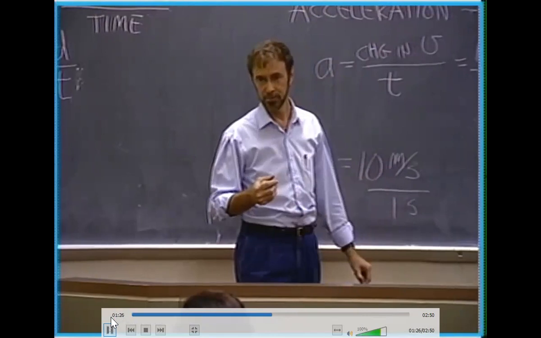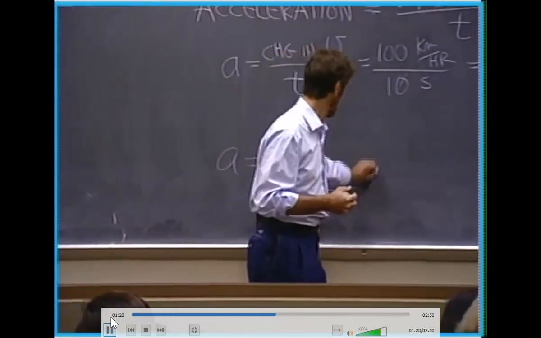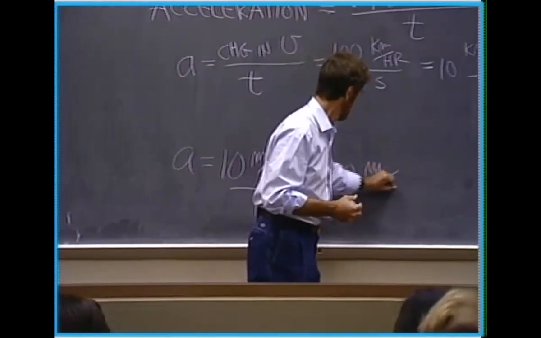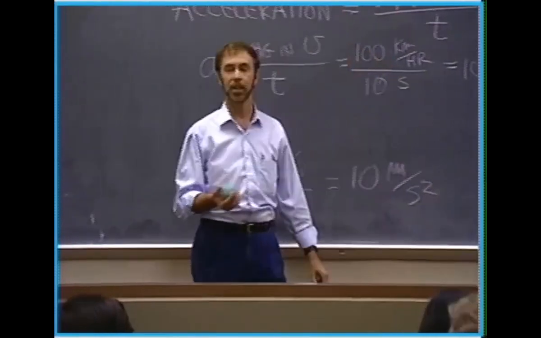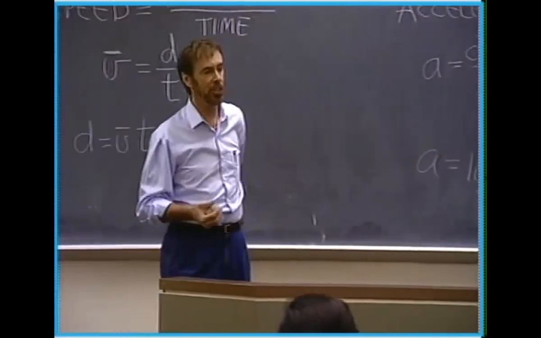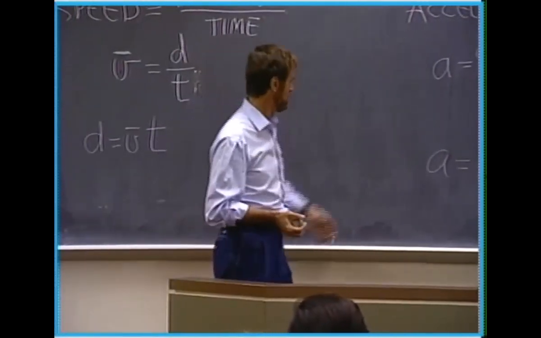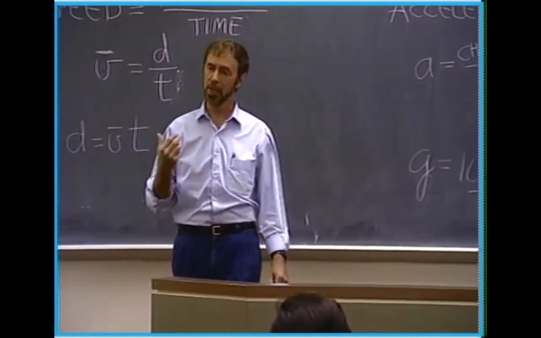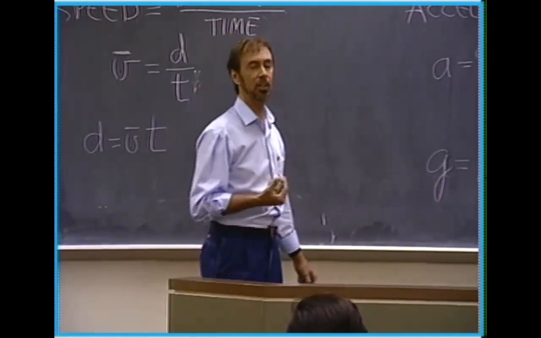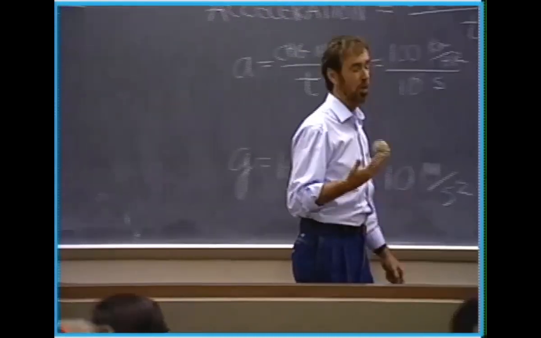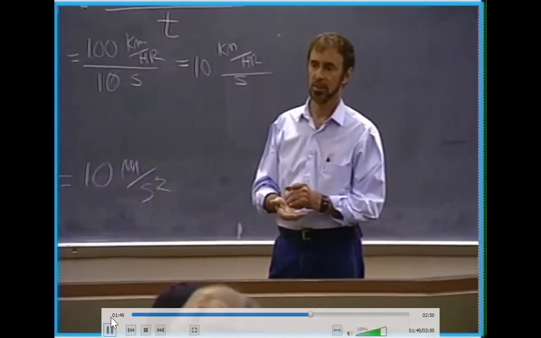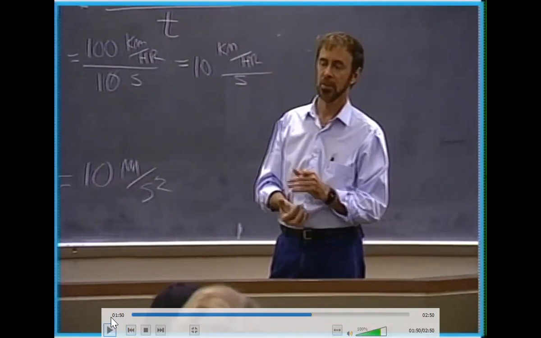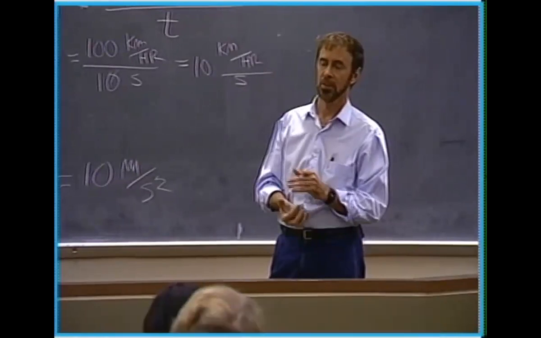That's true on Earth. All right, so that means every second it picks up another 10 meters per second as it's falling, right? You guys get that? Okay, I'm going to skip the next one where he talks about that more.